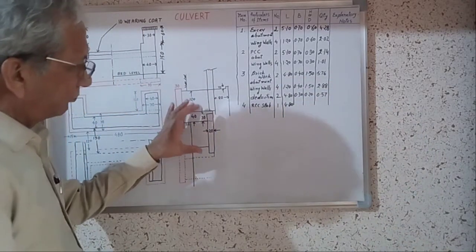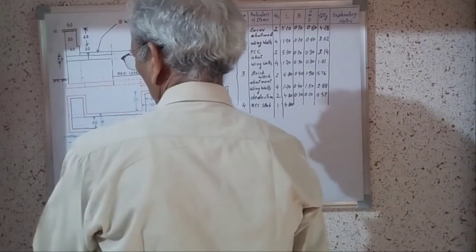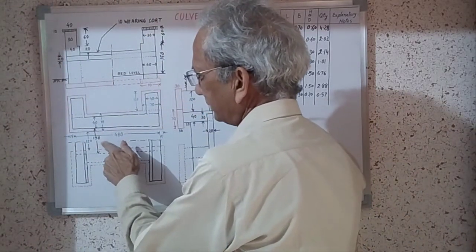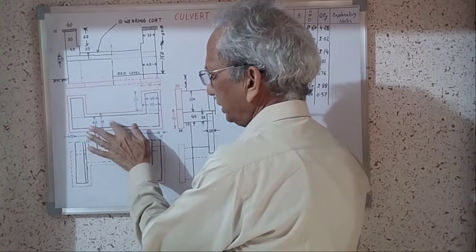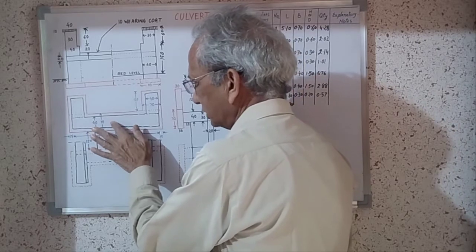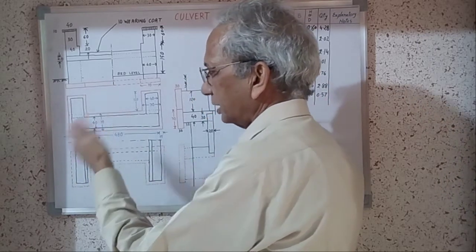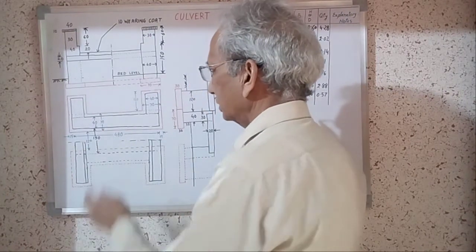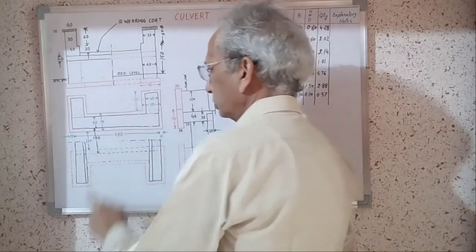And width of this slab will be 150 clear span plus 30 centimeter bearing on this side, 30 centimeter bearing on this side, which we have deducted from the brickwork. Therefore, it will be 150 plus 60, 210.